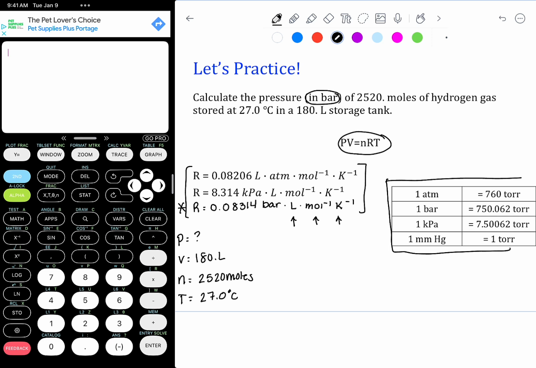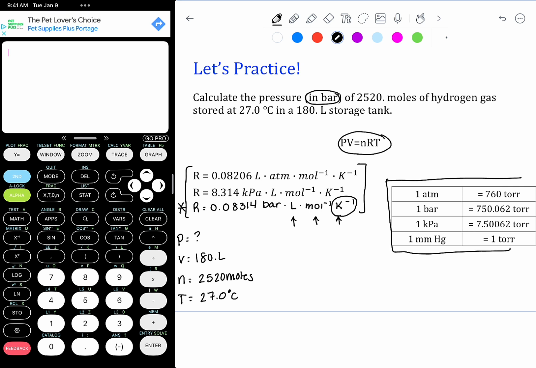But as with our other gas laws, we need to make sure that that temperature is in units of Kelvin. Now we can see why, because R is in units of Kelvin. So in order for our units to properly cancel, our temperature has to be in Kelvin, our moles have to be in moles, and our volume has to be in liters. So we always want to convert to match our constants.